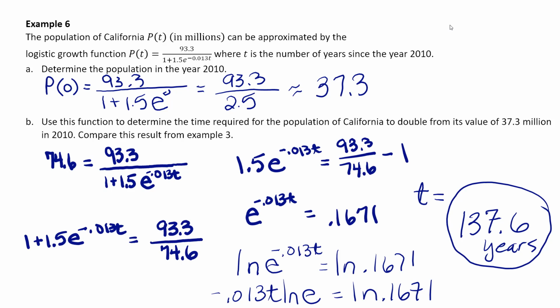So now it's giving a longer amount of time because of the limiting factors that this kind of logistic growth model puts on the population. It's going to take longer for it to double because of the way that this function estimates things like resources available and that kind of thing.